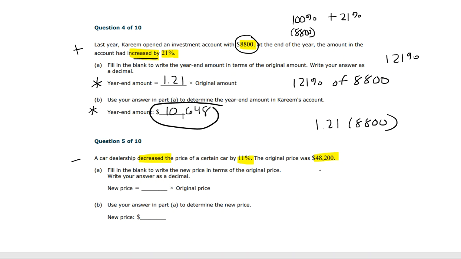So remember, the original price, that is the 100%. If the car dealership decreased that price by 11%, 100% minus 11% is 89%. That means the new price is going to be 89% of the original price.